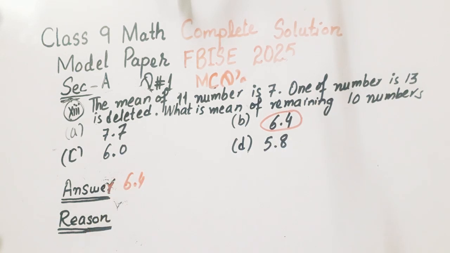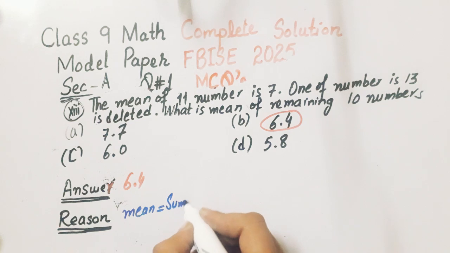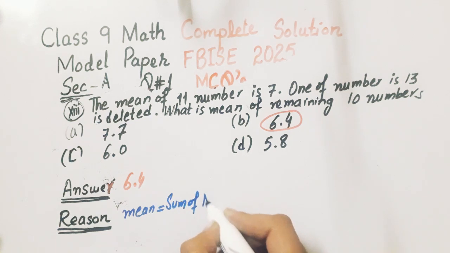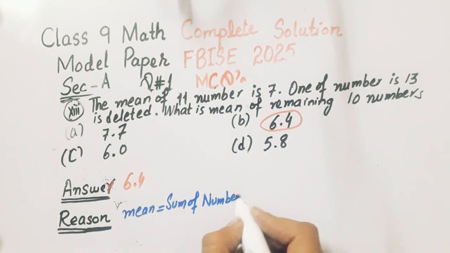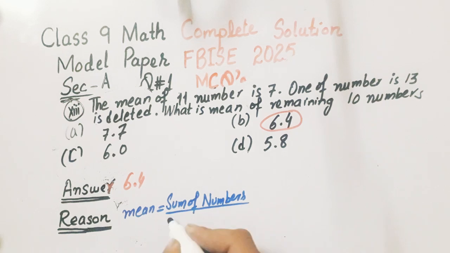And now I will tell you the reason behind this. We know the formula of mean is equal to sum of numbers by total numbers.